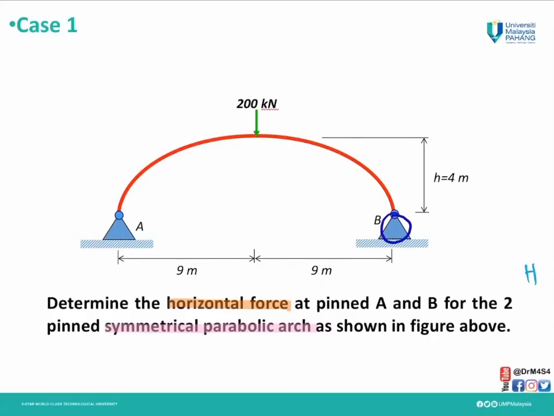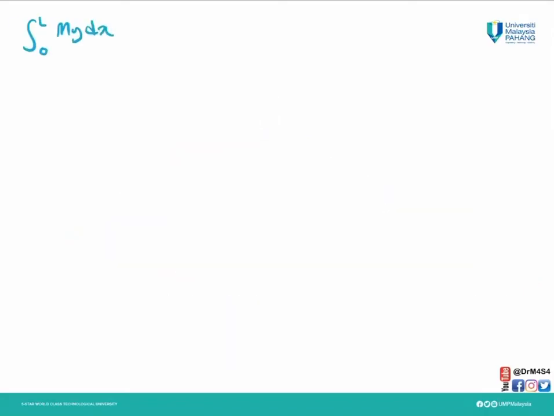Let's find the value for the integration of my dx from a distance of 0 to L length. So now we're going to use the half parabolic, the half length, from 0 to 9.